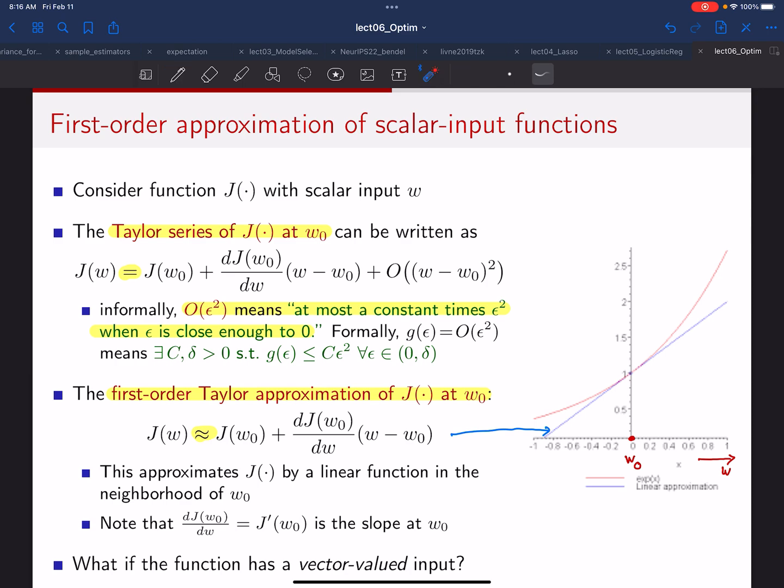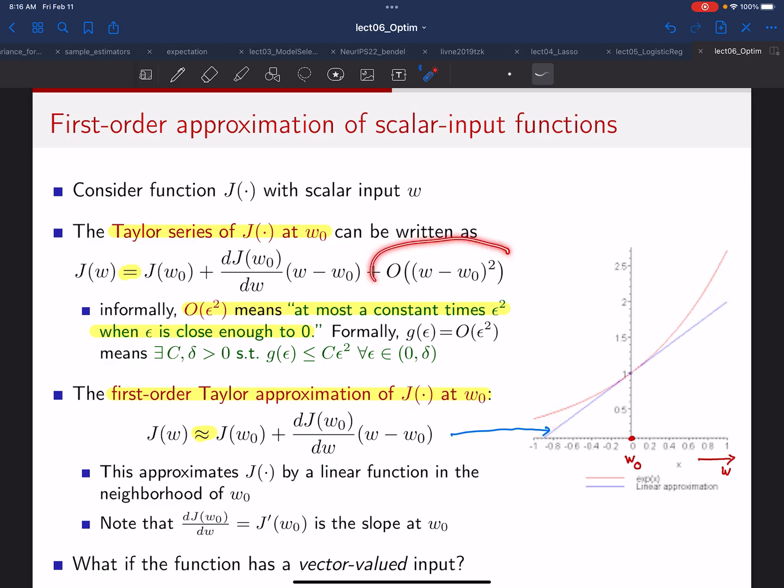So if you want to approximate this red curve and you want the approximation to be best at the reference point and the approximation should be linear, then it's going to be this line. It touches there exactly, it's tangent there, and you can see it's quite a good approximation when you're close to there, but as you get farther away from the reference point, the approximation gets worse and worse.